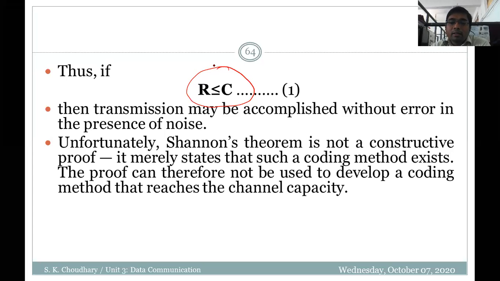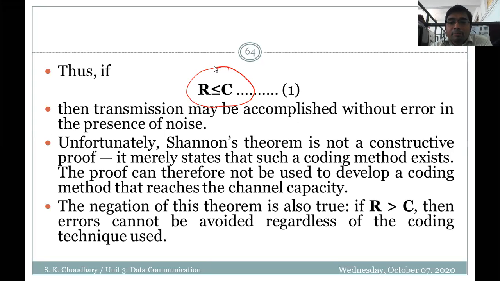When you say R is less than C, it is okay, but when you say R is equal to C, it is not possible practically, because no coding technique has been developed that makes your information rate equal to channel capacity. So you can say that Shannon's theorem is true for the condition R less than C, but there is no existing proof that could establish R equal to C.